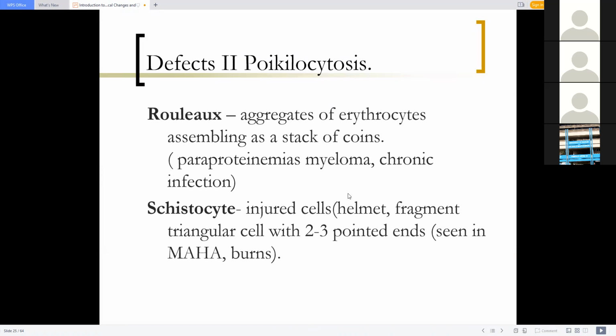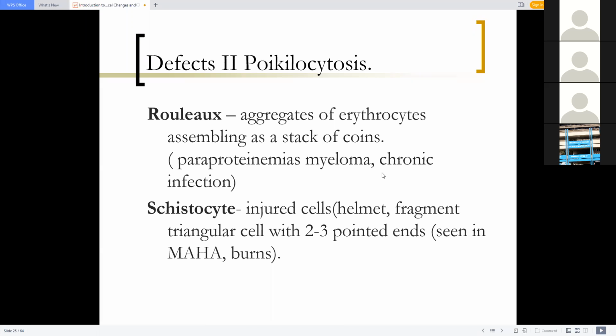So we also have rouleaux, where you get aggregates of erythrocytes, and they appear like stacks of coins, and we see this in various conditions, like in chronic infections, where you have production of immunoglobulins, and you have high levels of circulating immunoglobulins, like in chronic infections, HIV.